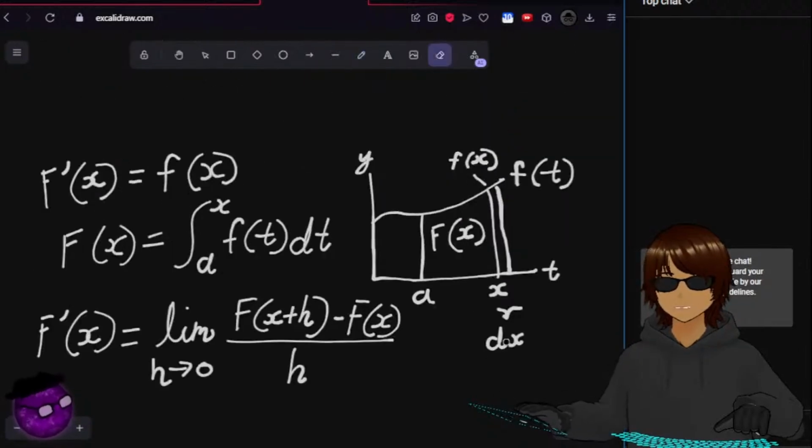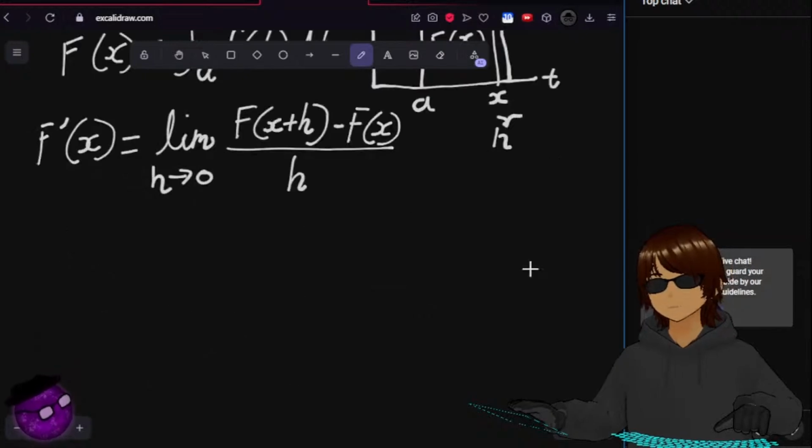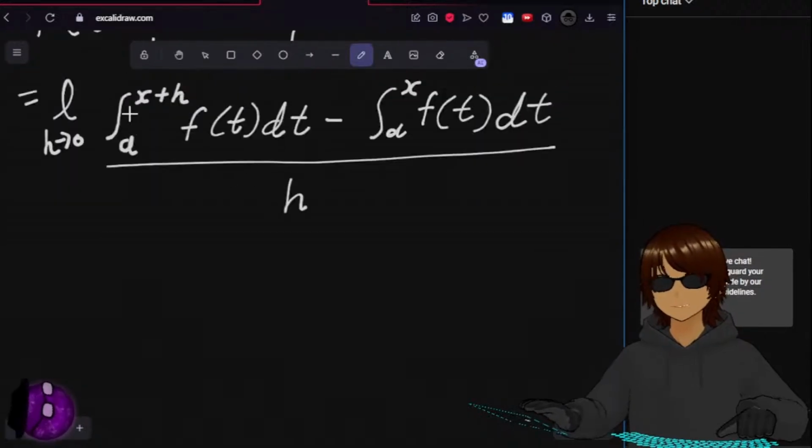Let's call this h, and then h is going to zero, closer and closer to 0, and this is equal to, right.